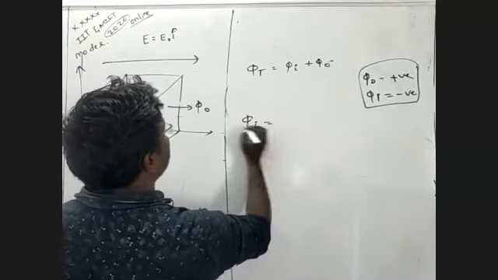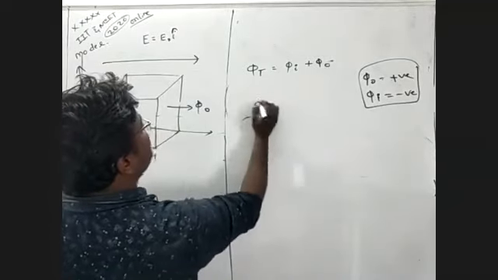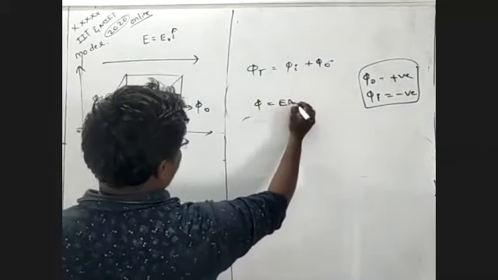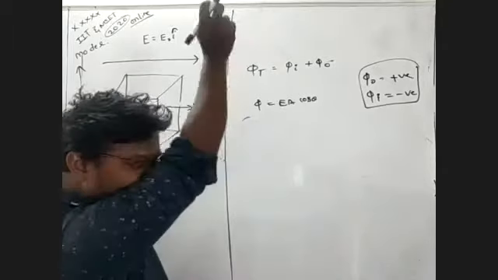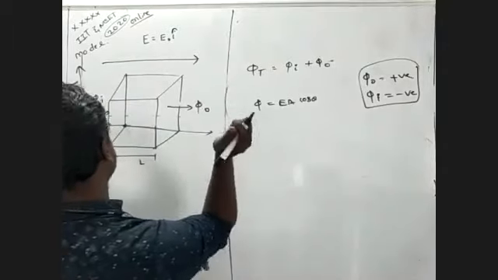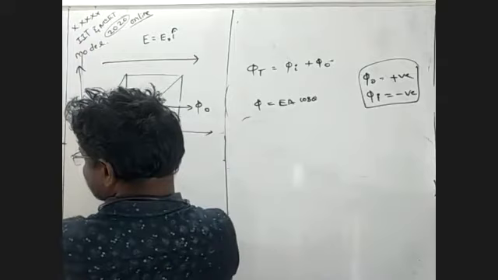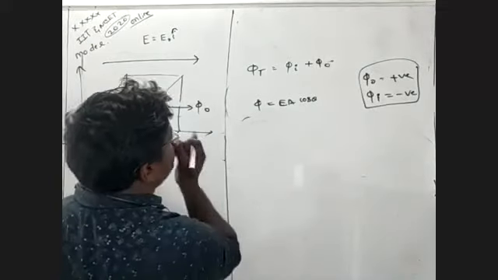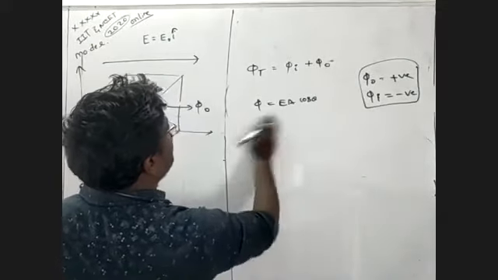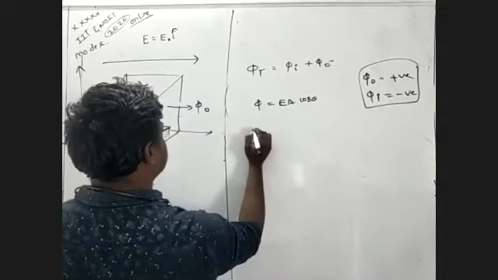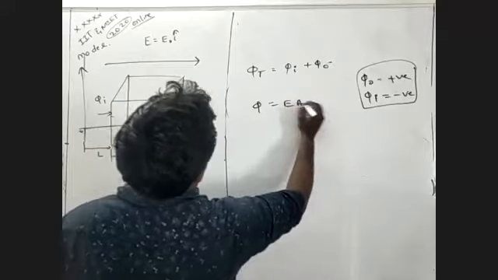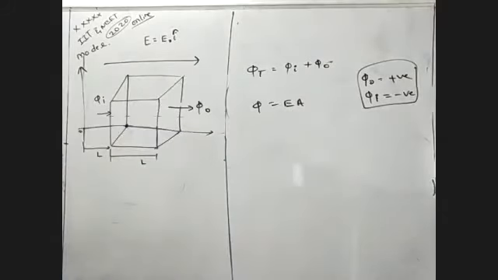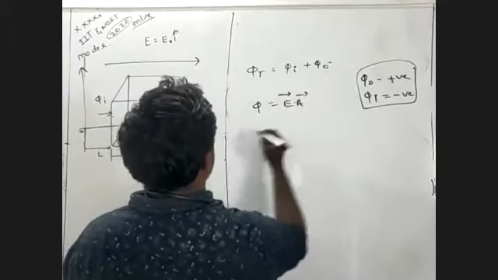The general formula is flux equals EA cos theta. Directly I am going to write E bar dot A bar, the dot product.